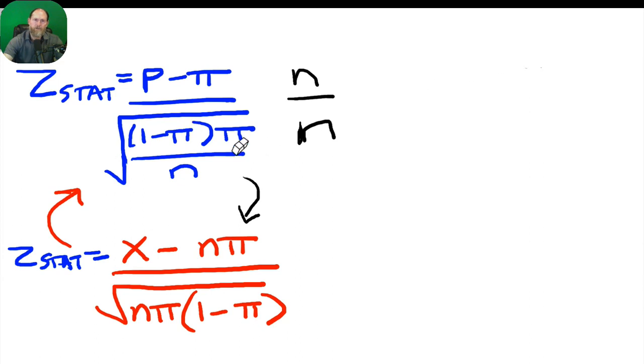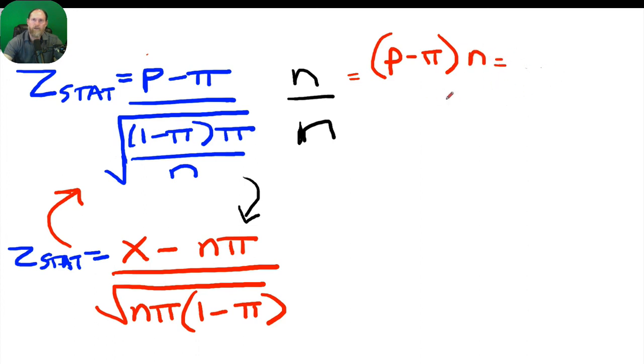And so you might say, well, how do we get to that? Okay, well, let's take this top half and work the top half first. So when we multiply n times p minus p-pop, we get n times (p minus p-pop).